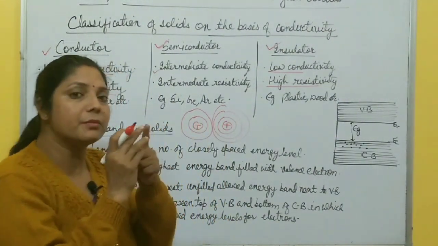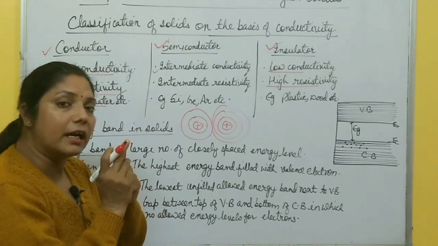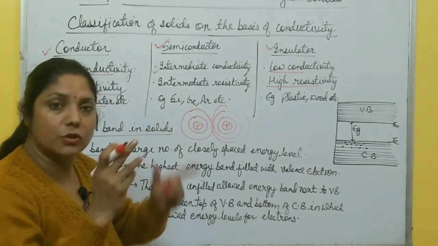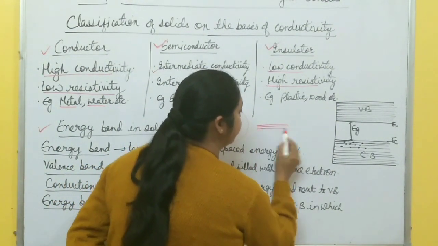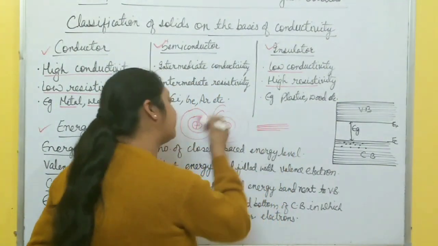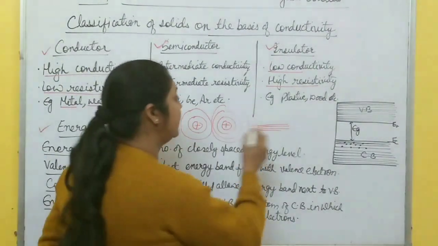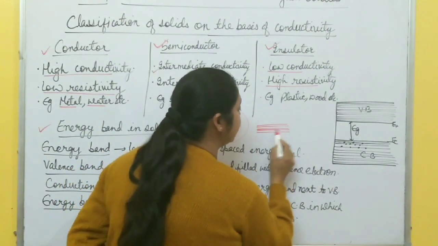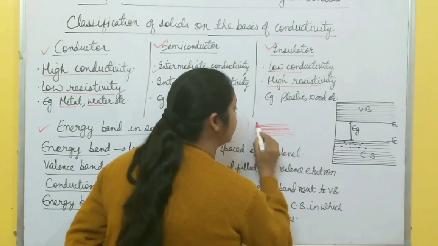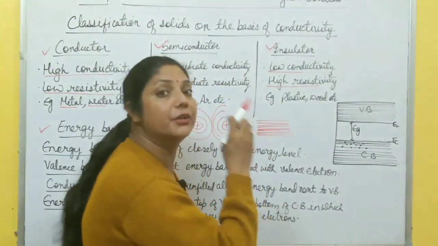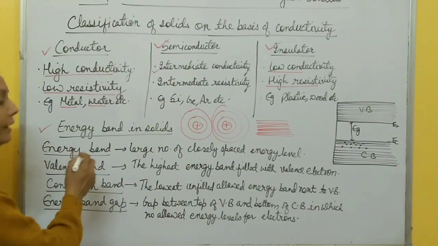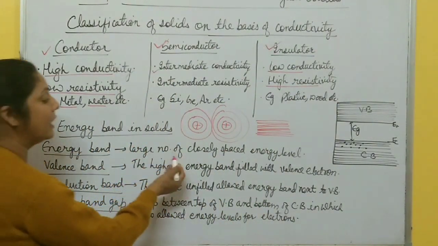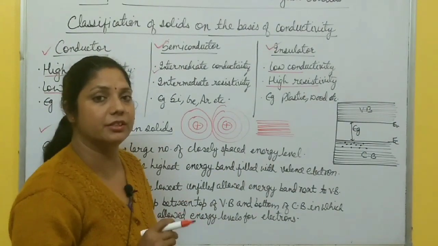When the two atoms overlap, then the outermost shells also overlap and form many energy levels which have energy different from the isolated atom. These large number of closely spaced energy levels form a continuous band, and this band is called energy band. Energy band is nothing but a large number of closely spaced energy levels.